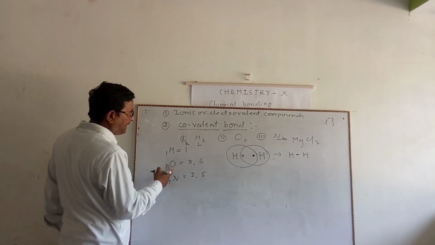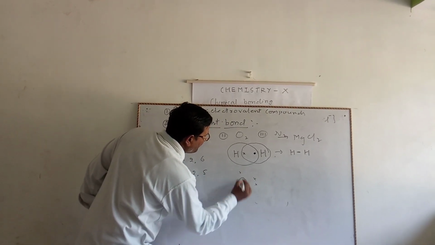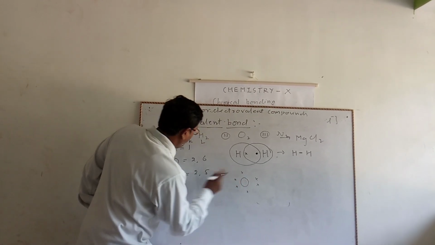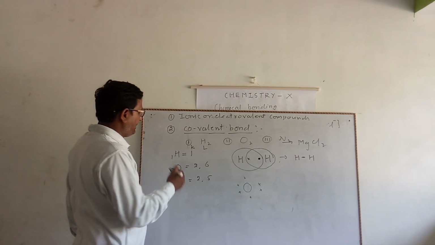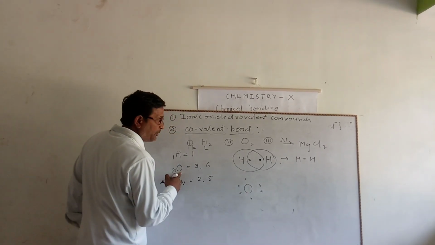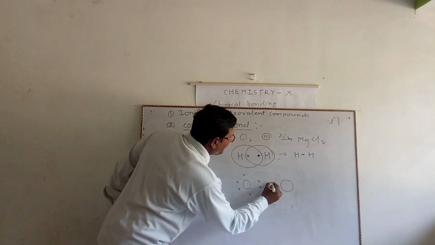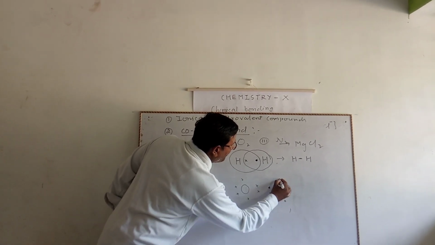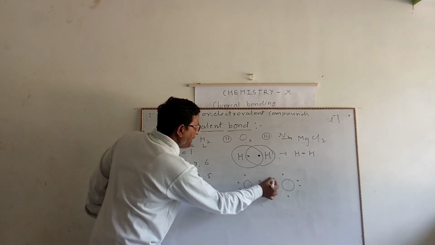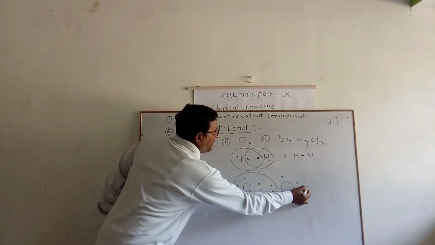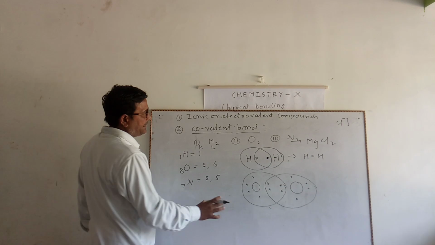In case of oxygen, oxygen has 6 electrons in its valence shell: 1, 2, 3, 4, 5, 6. One oxygen atom, another oxygen atom. Now see that each oxygen shares 2 electrons and completes its octet.